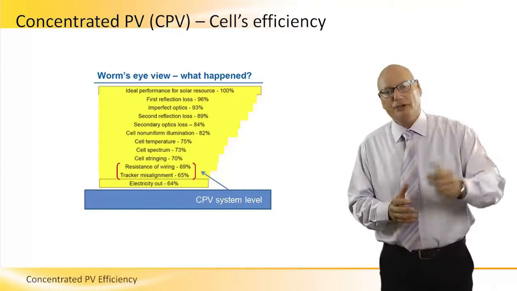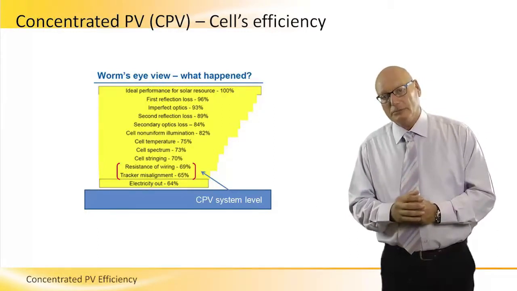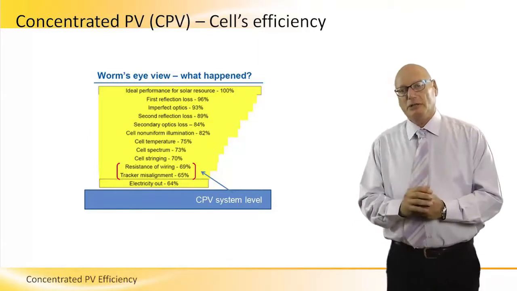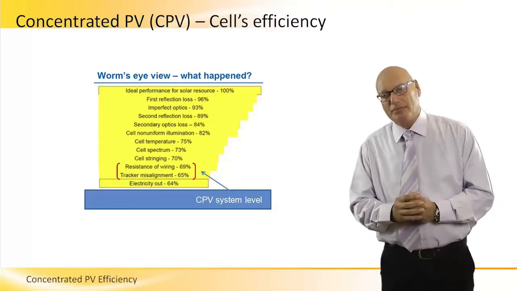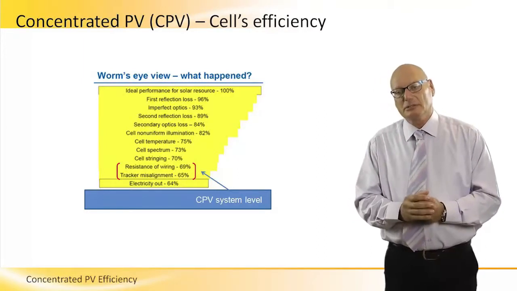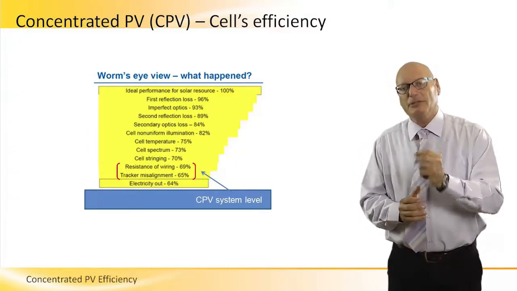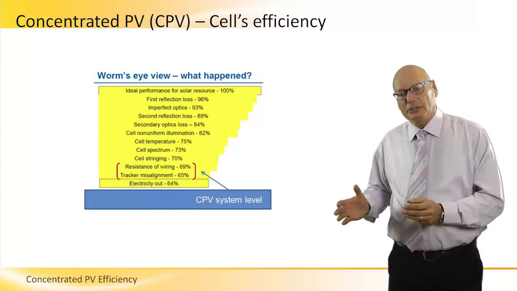We will have a very detailed tracking systems session, in particular about CPV. But because a tracker is an electromechanical system, it has misalignments. I lose 4% only on that misalignment before it goes out to the grid.